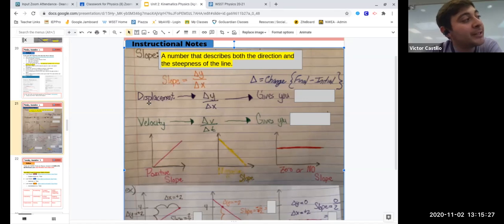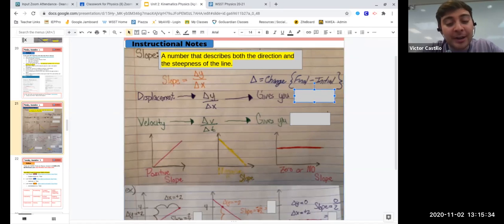Now, for the displacement graph, if you get a displacement graph and I ask you to find the slope, you're actually trying to find the velocity for me. So when you have a displacement graph and you're trying to find the slope of a specific section, you're actually trying to find velocity.